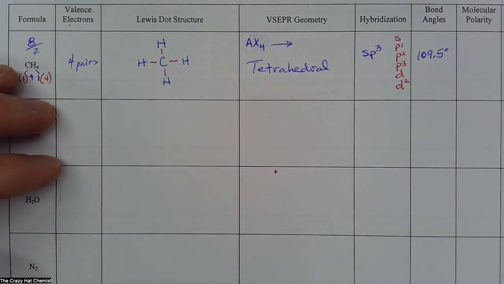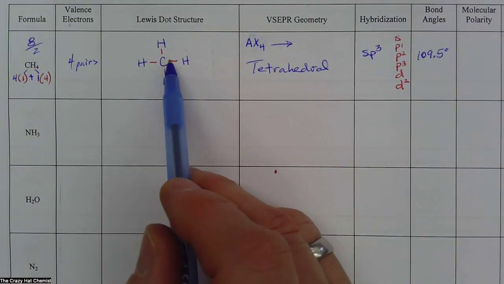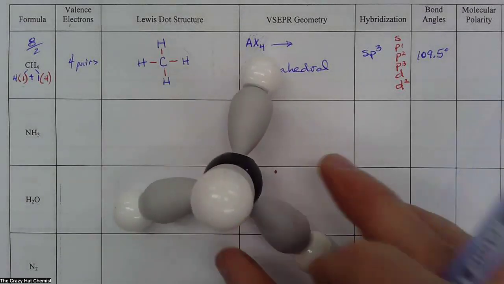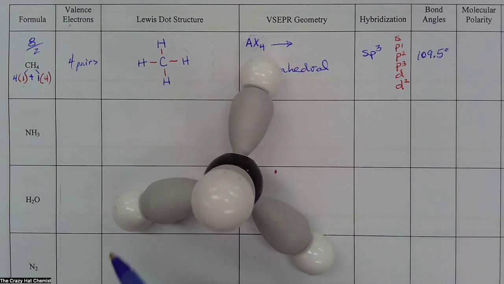Okay. So first of all, is there a difference in electronegativity between the carbon and the hydrogen? There is a difference in electronegativity, not very much of a difference. It's a very, very slight difference. It's almost a covalent bond, partially polar, but let's actually look at this shape. This shape is tetrahedral, and all these white things are exactly the same.